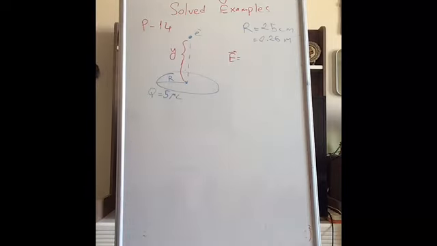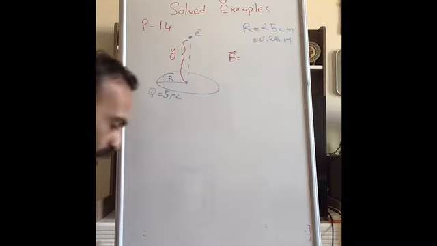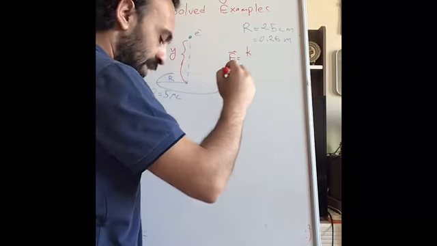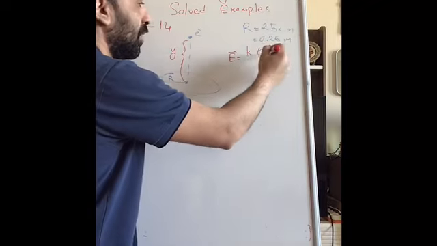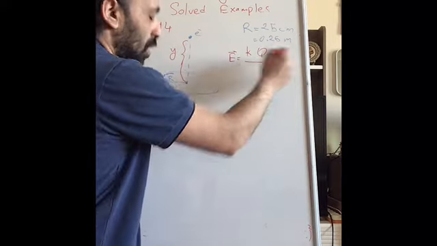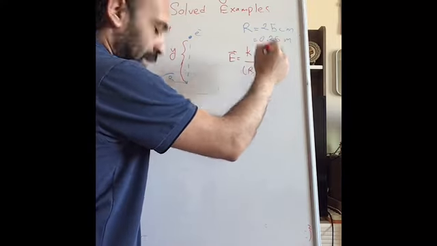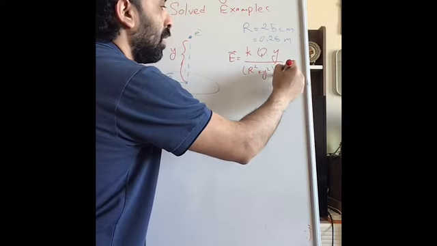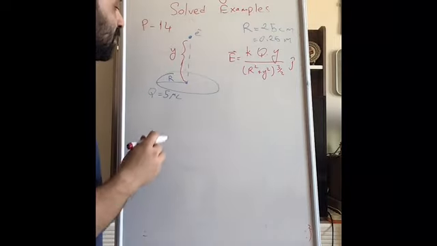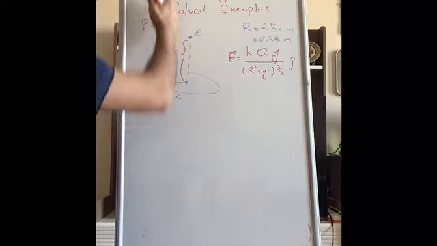So if I write the electric field of this ring with respect to Y, which we calculated in one video, it is K, the Coulomb's constant, Q, the total charge of the ring, Y, the distance between the center of the ring and the electron, over R squared plus Y squared to the 3/2, J. J is the unit vector along the positive y-axis, and remember the electric field of such a ring is always perpendicular to the surface of the ring.